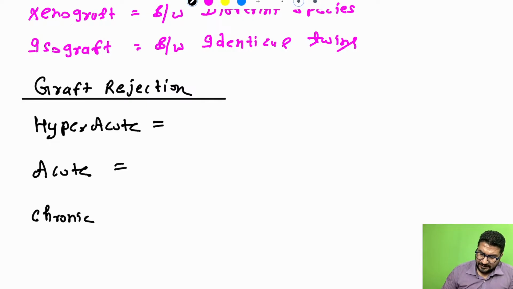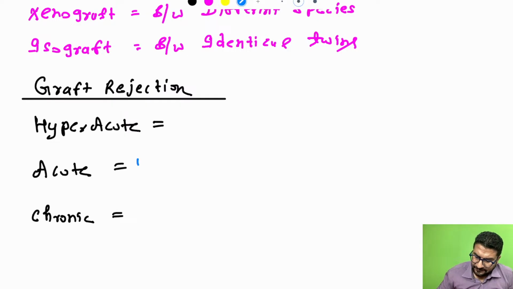Hyperacute means suppose अभी आपने transplant किया, just now today you did transplant, maybe within 24 hours it gets rejected. It is rejection which occurs immediately, or within 24 hours.